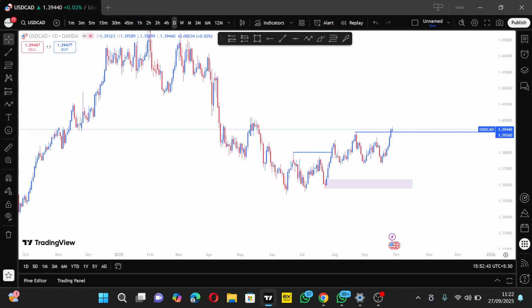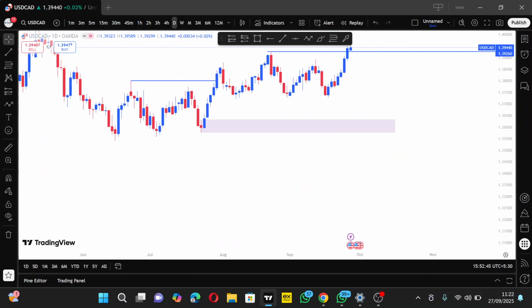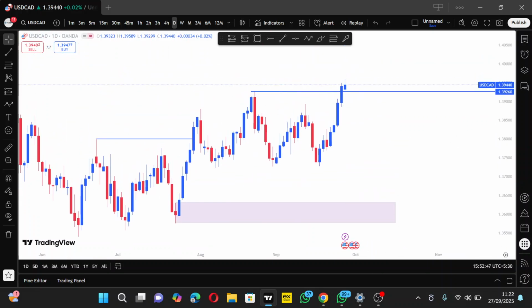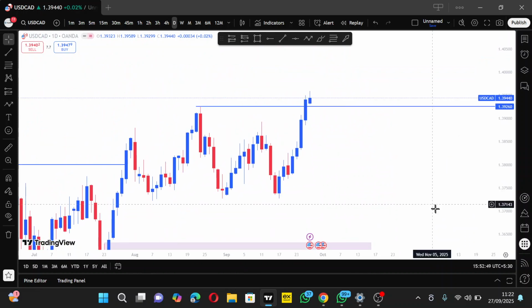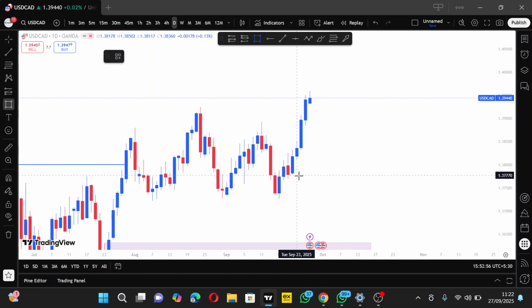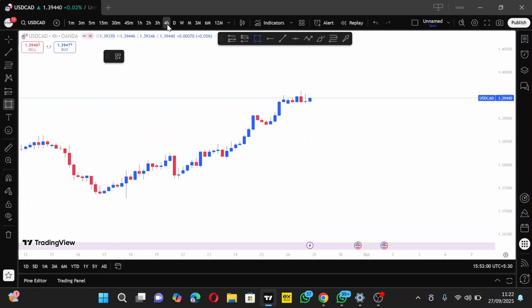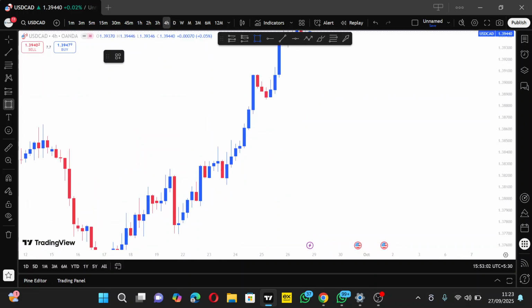Yes, USD CAD is bullish. Okay. So here will now be our next POI. So you can see this is the daily time frame. Let's go to 4 hours. Let me observe a good fair value gap order block area.